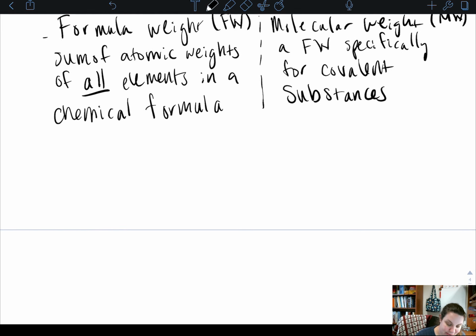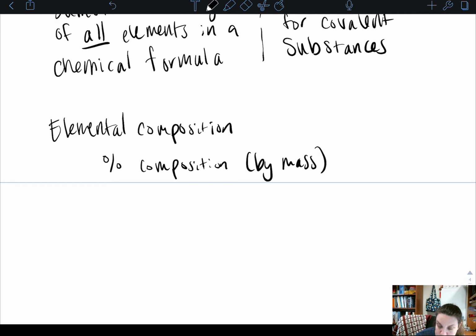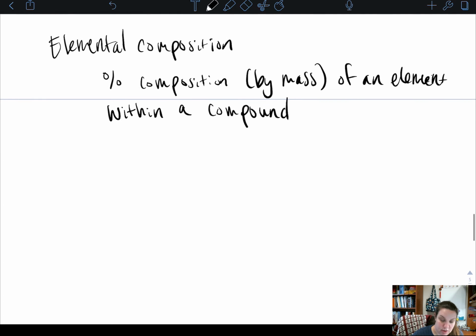And the last thing I want to talk about is the idea of elemental composition. So here, it's a percent composition of an element within a compound. So by mass, our percent composition is given by the following equation.